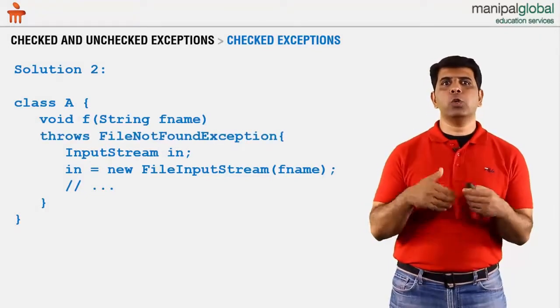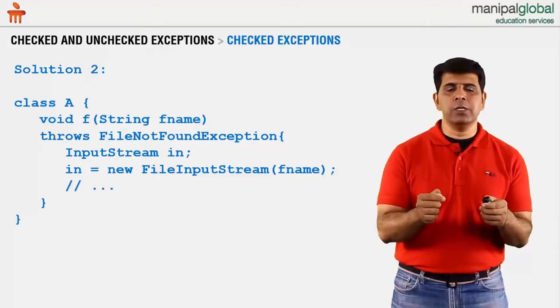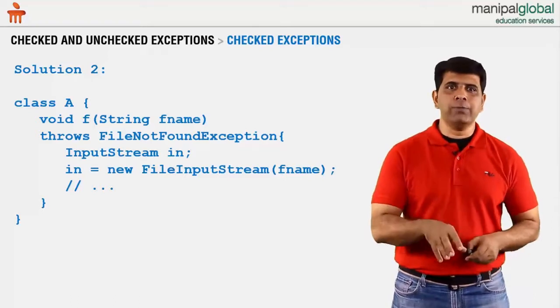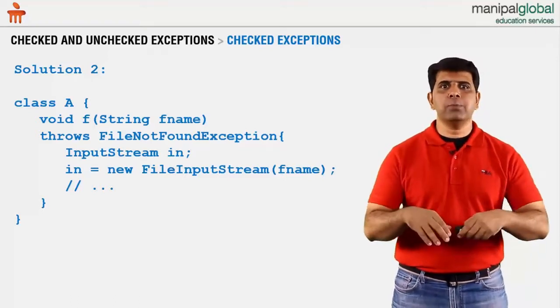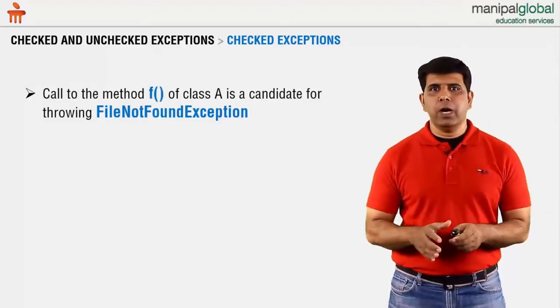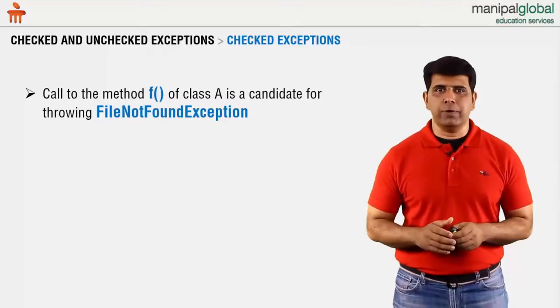I would further throw it away from my function, which means now I am declaring my function as to throw FileNotFoundException. So whoever is calling my function is now supposed to handle it with a try catch block. A call to the method f of class A is a good candidate for throwing FileNotFoundException.